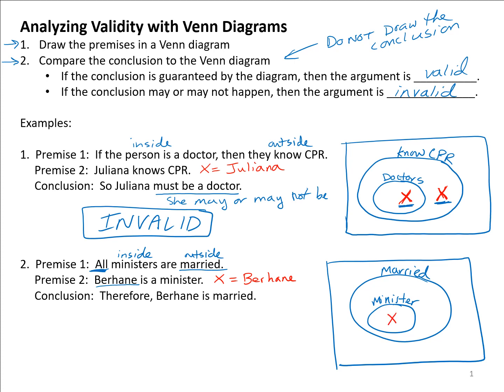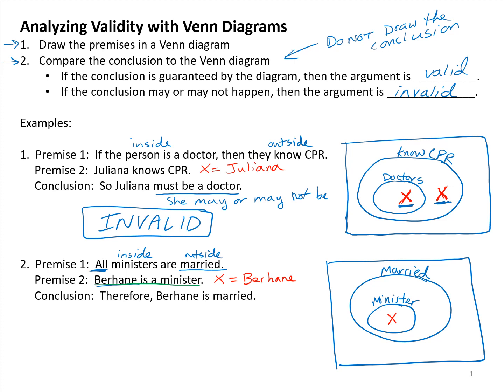That's the only location that Berhane could be, because if Berhane were in this region, that would mean that he's married, but he's outside of the minister set, so that can't be true. And he can't be out here because, again, he's outside of the minister set. And because the premise said that Berhane is a minister, we must have the X inside the minister set.